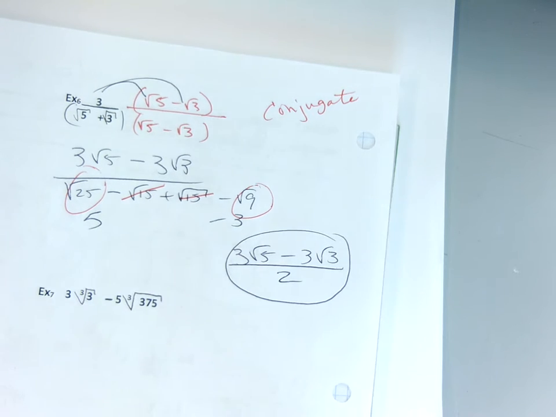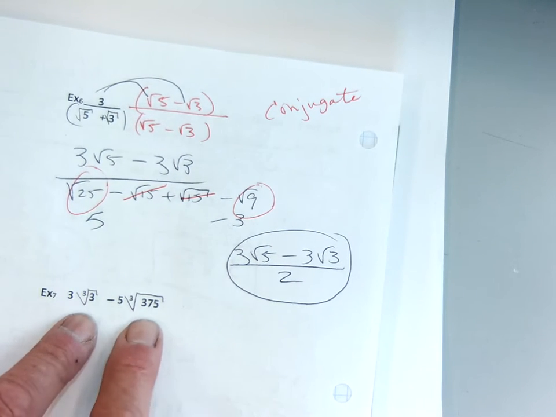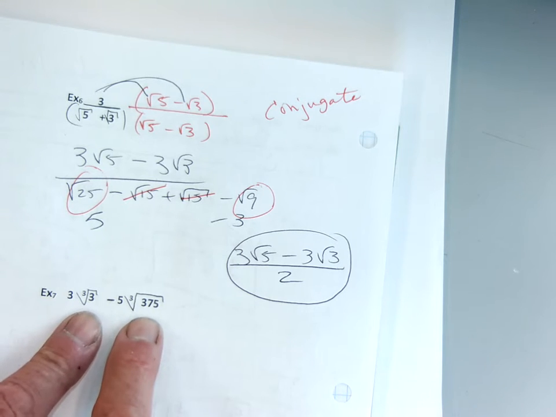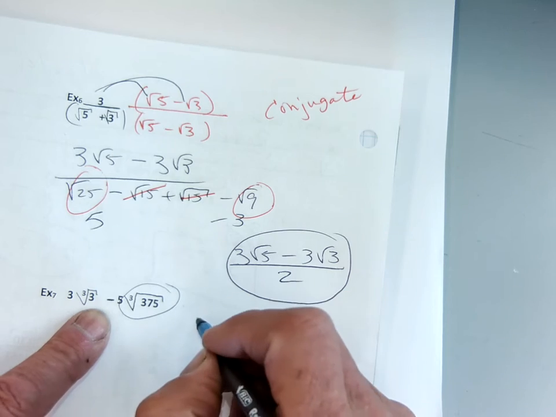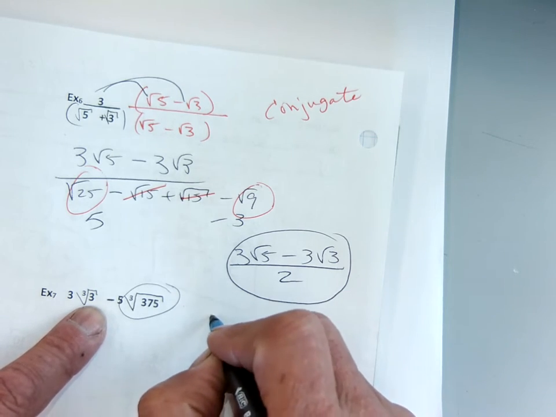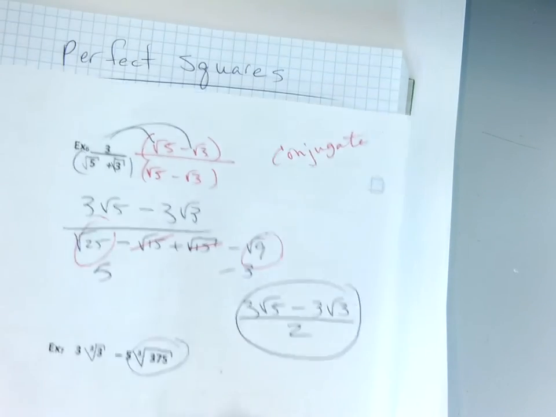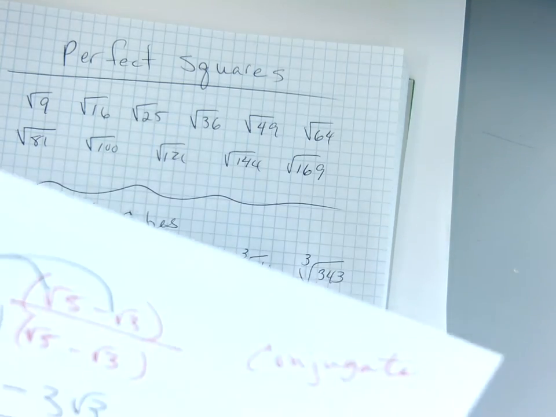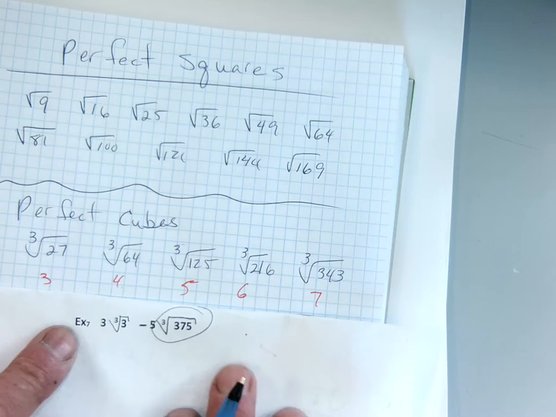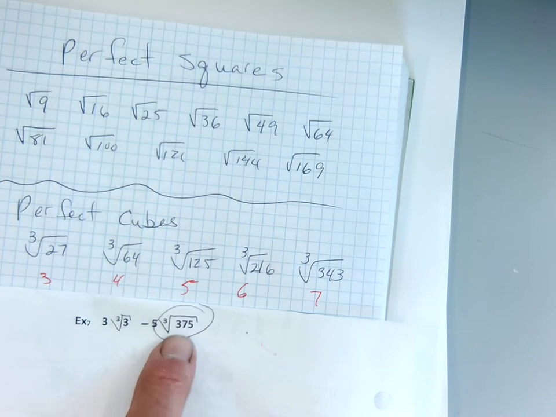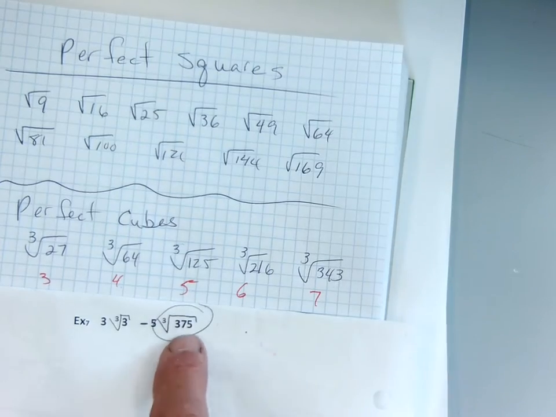Okay, now, last problem. Cannot subtract them yet. But maybe we can change this into a square root of 3, or into a cube root of 3. So I look for my cube roots. I'm looking for something times something that's going to make 375. Which one of these numbers looks like the right number, maybe? 125?